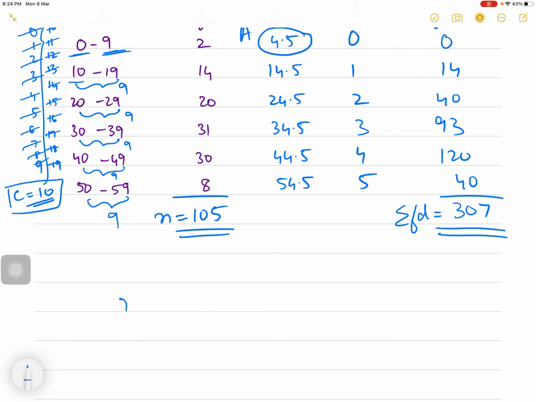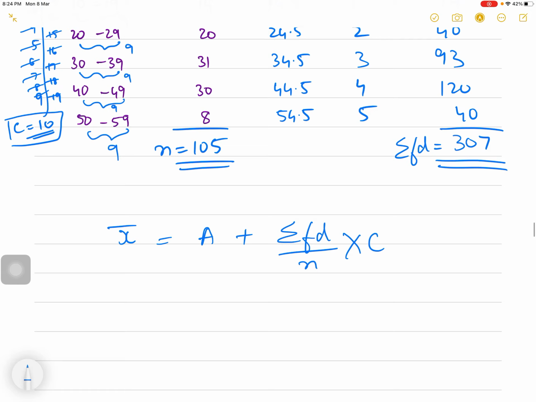The formula in case of the step deviation method is x bar is equal to A plus summation FD upon N into C. So let's substitute.